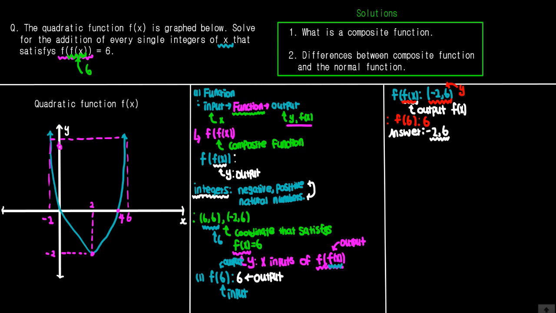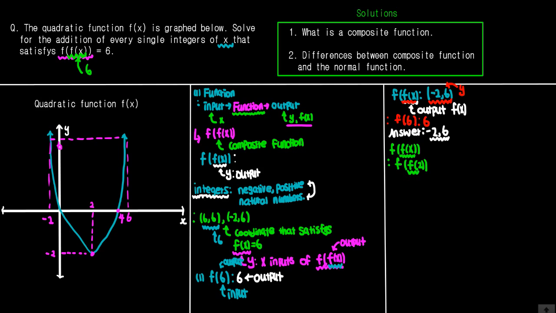But if you look at our function, there is one more coordinate, because from our function f of x, if we input the value of 2, which is just the x value inside the parenthesis, it is going to be f of 2.